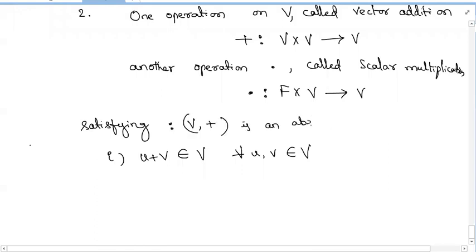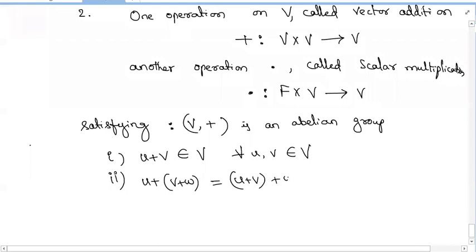You know what you mean by that. If u, v is there, u plus v should be there, and it should be associative: u plus (v plus w) is equal to (u plus v) plus w.